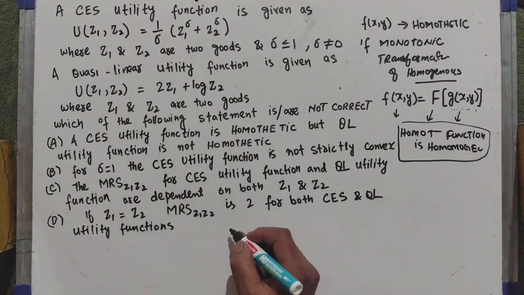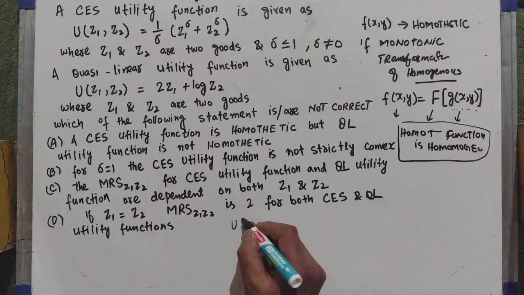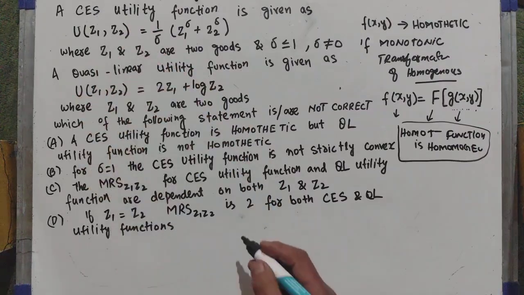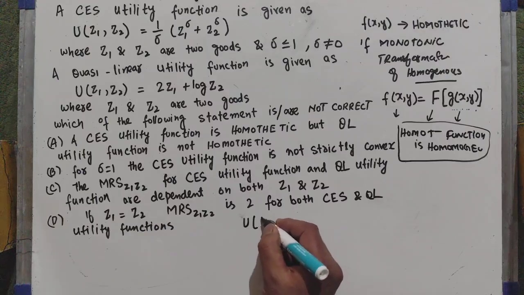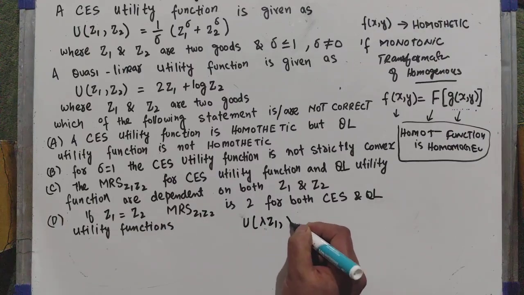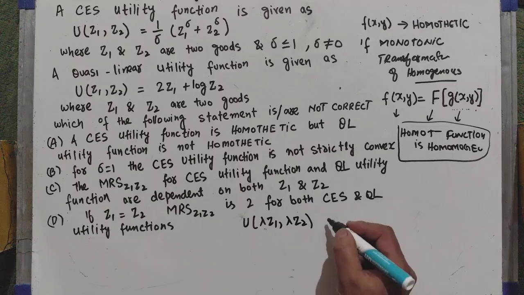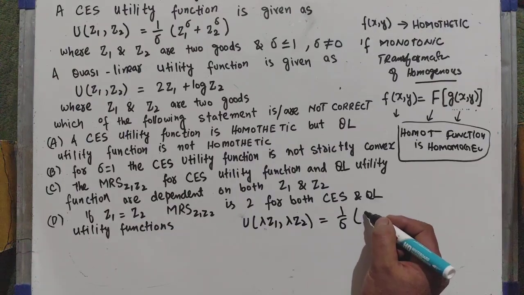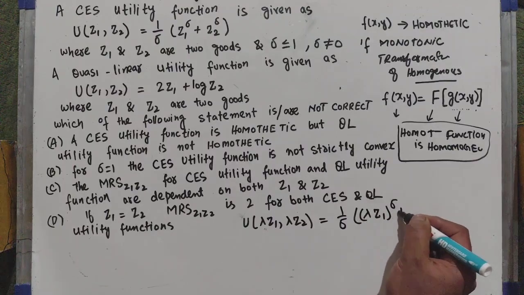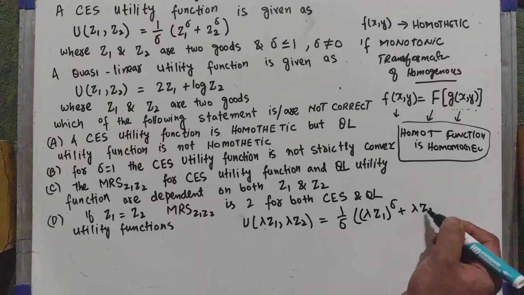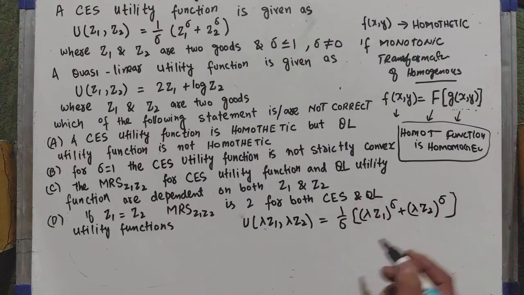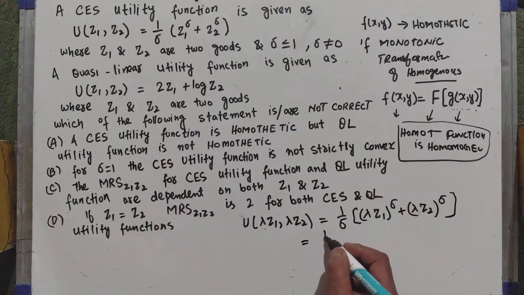So let's take the utility function. We have the given function, and let us increase both the goods by a factor lambda. So we have u of lambda times z1, lambda times z2, equal to 1 upon delta times, in place of z1 we have lambda times z1 whole raised to power delta plus lambda times z2 whole raised to power delta, which is equal to 1 upon delta.